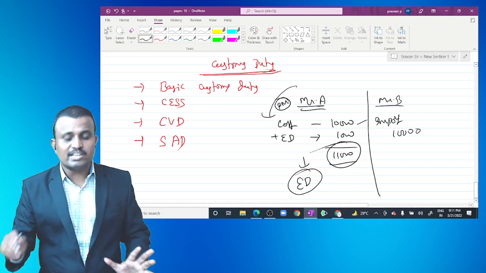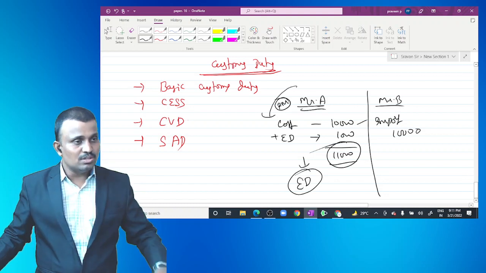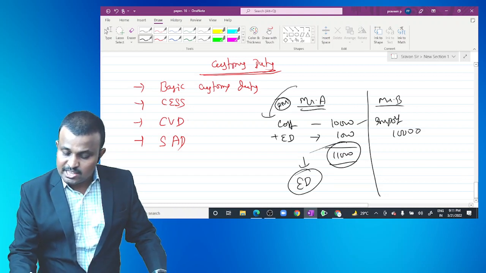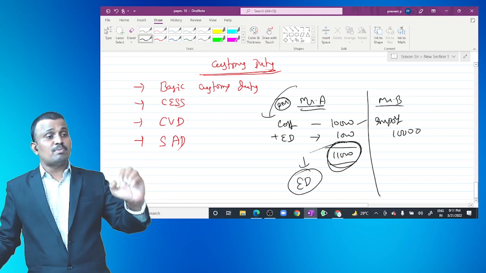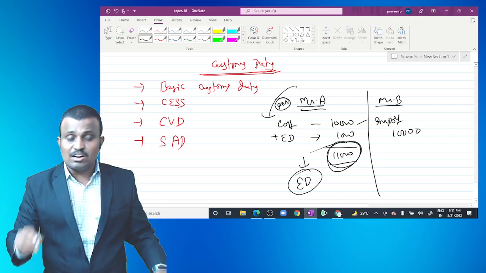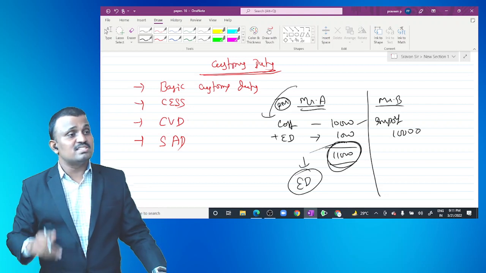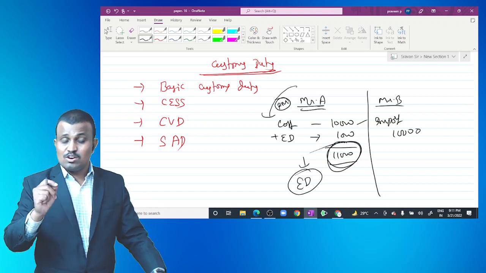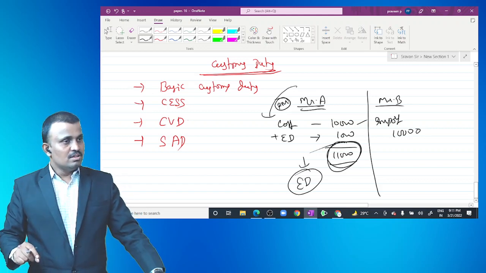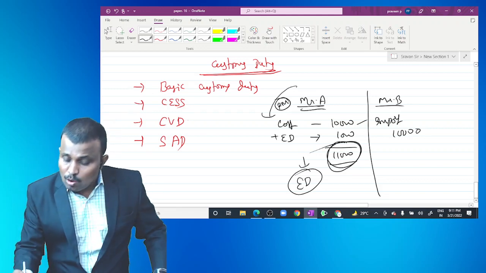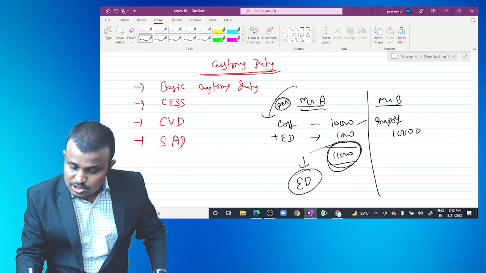So here the product is available at 10,000 only. Here the domestic product is available in the market at 11,000 and the imported or foreign product is available at 10,000. Then the central government has the duty to secure the domestic product. So that's why, to counterbalance the excise duty.